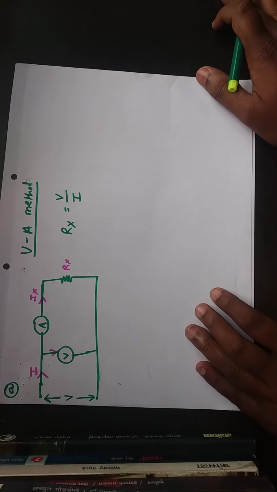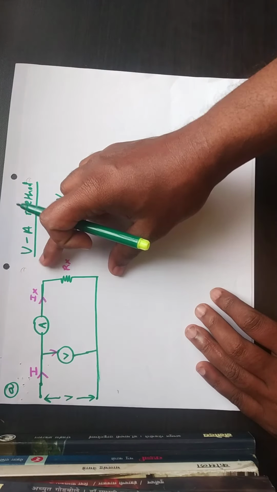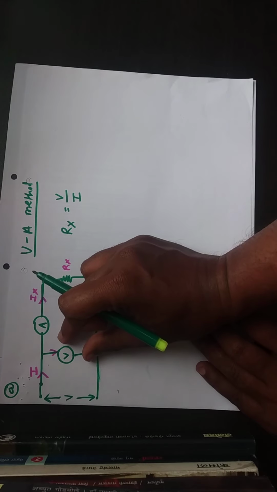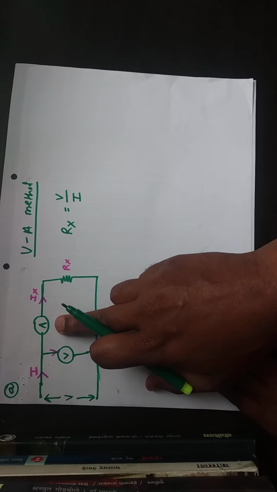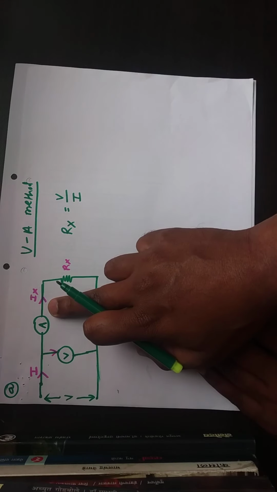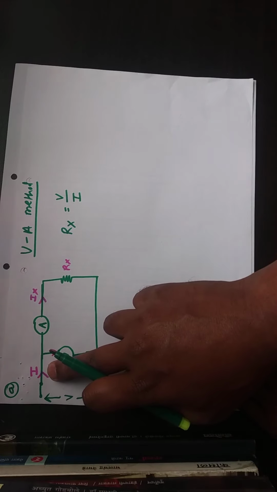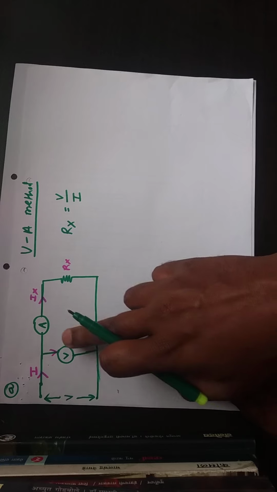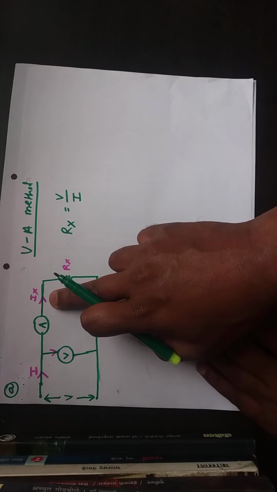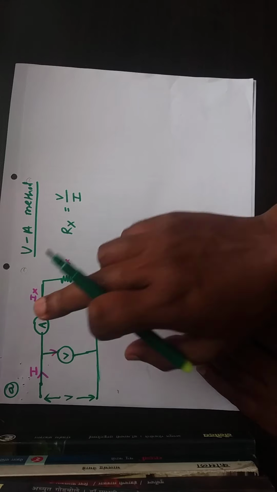The voltmeter measures the voltage across the unknown resistance Rx, and the ammeter measures the current passing through it. The symbol I represents the current flowing through this circuit, and because it is flowing through Rx, we call it Ix.